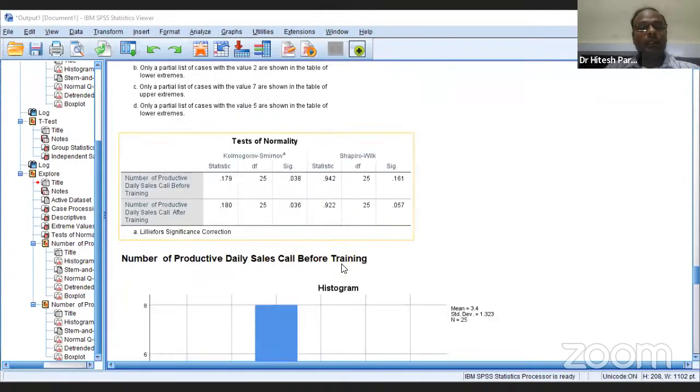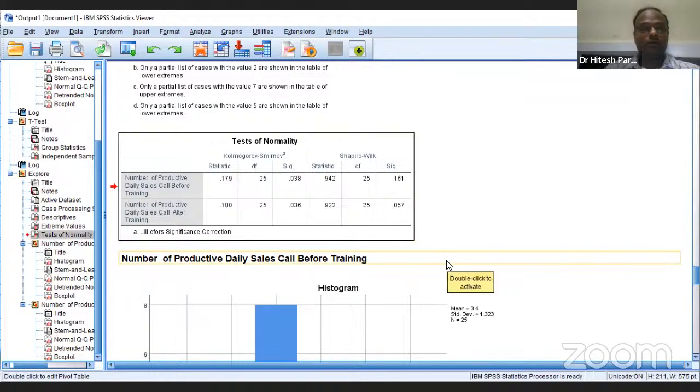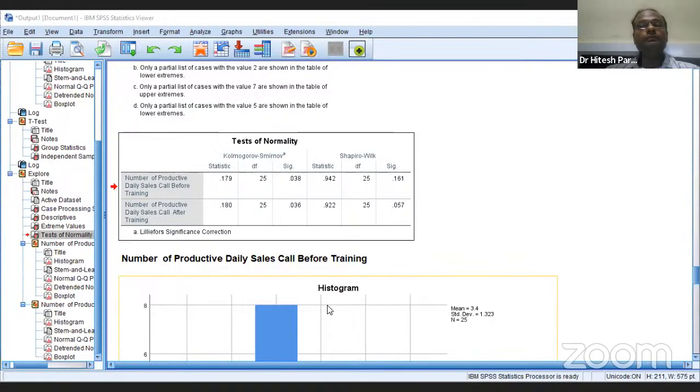By looking at the tests of normality, conclude whether it is normal or not. Any p-value which is greater than 0.05 means it will be normal. So what do you think?